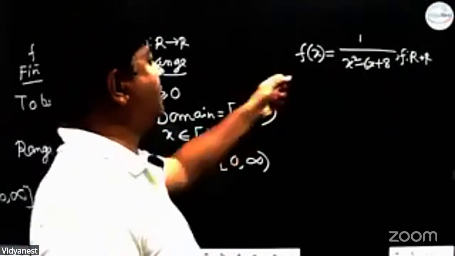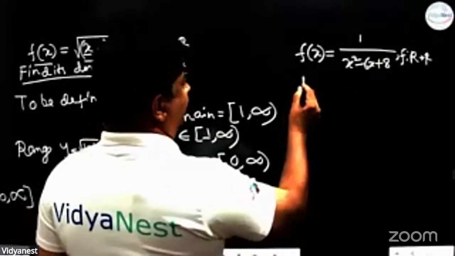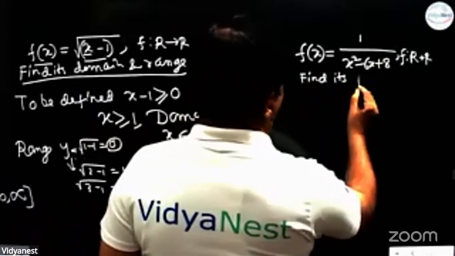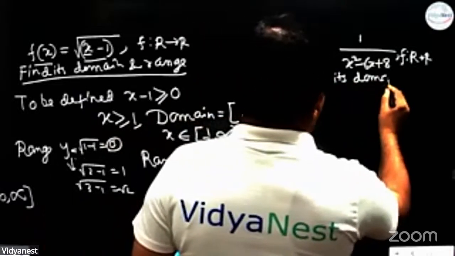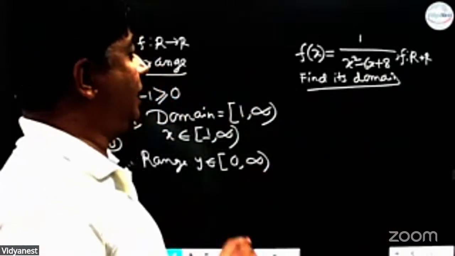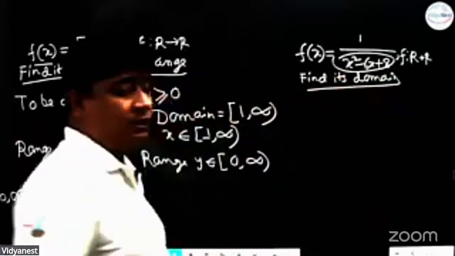See, f(x) is this. Now find its domain. See, the function will be undefined when? If you get 0 in the denominator, yes or no?